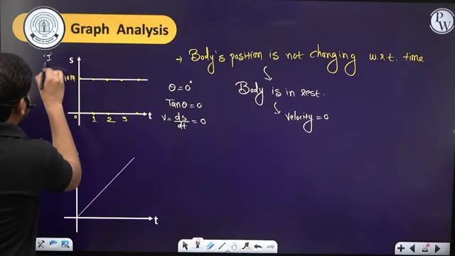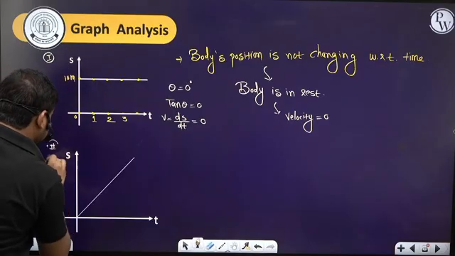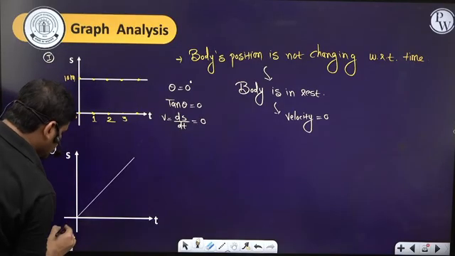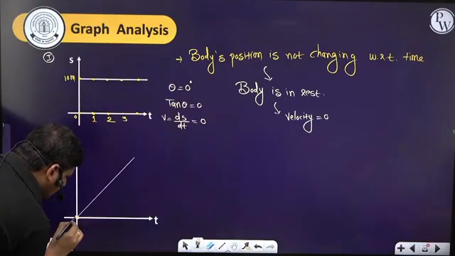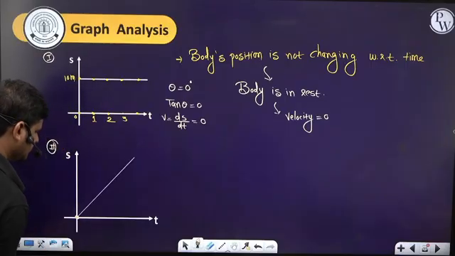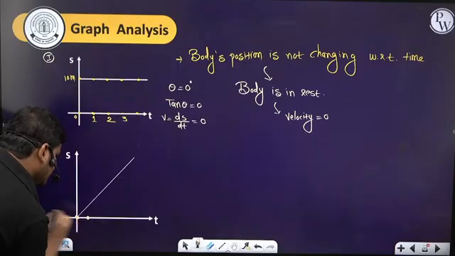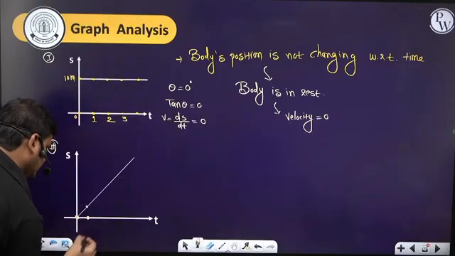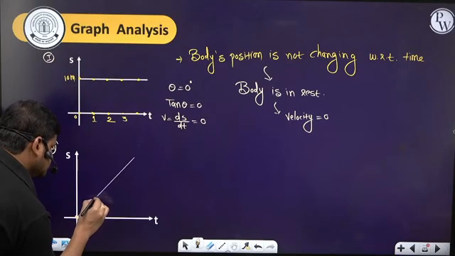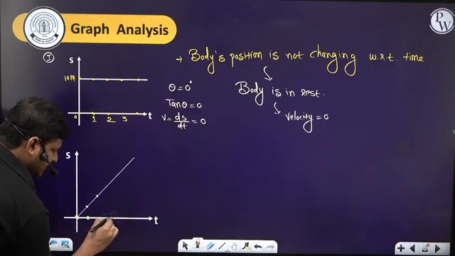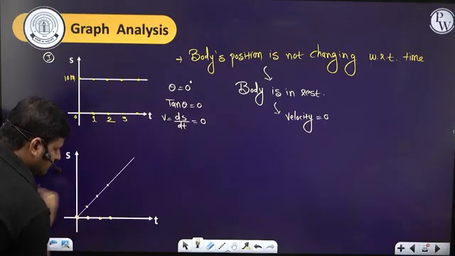This is the first case. Now let's see the second graph. So at time t equals 0, the body's position is 0. At time t equals 1, the body has moved here. At time t equals 2, the body has moved here. At time t equals 3, the body has moved till here.